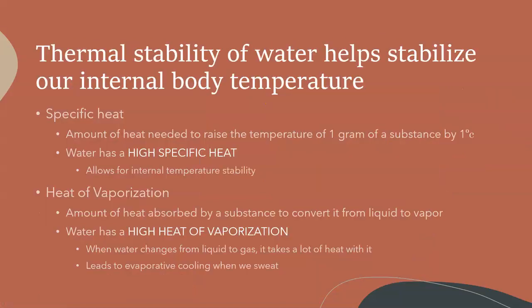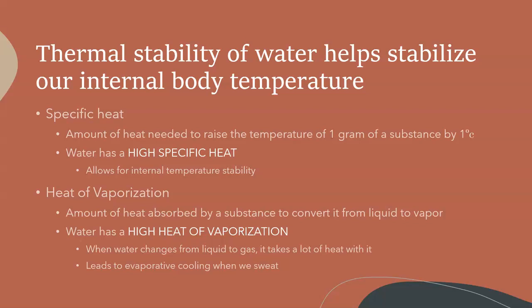Okay, now, water has a thing called thermal stability. And that thermal stability will help us stabilize our internal body temperature, help us maintain homeostasis. The first is that water has a very high specific heat. And the specific heat is the amount of heat that is needed.